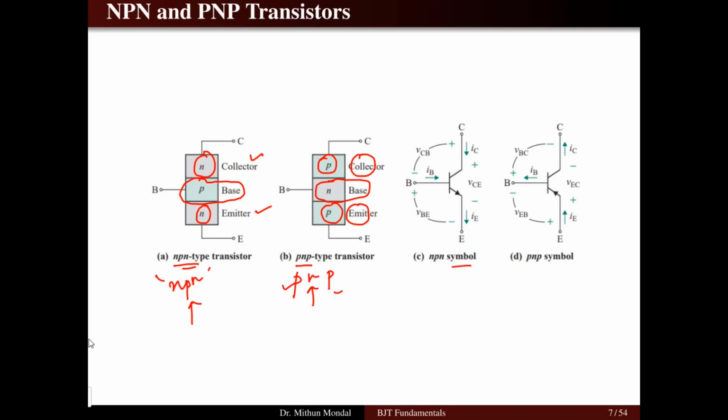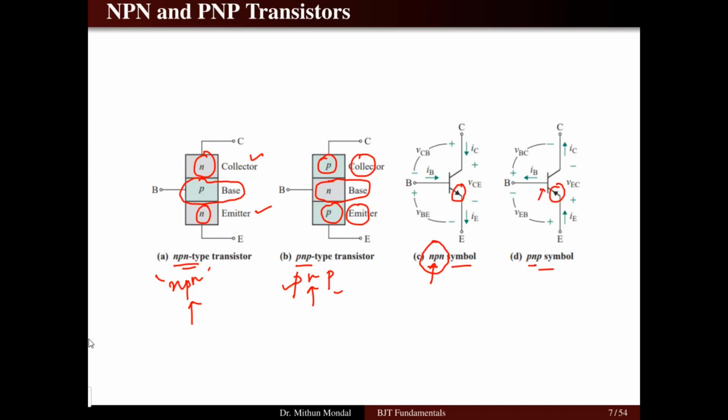This is the circuit symbol for the NPN transistor and the PNP transistor. So how to remember this? Generally the arrowhead in the emitter for the NPN transistor will be outward, whereas for the PNP transistor the arrowhead in the emitter will be towards the base.